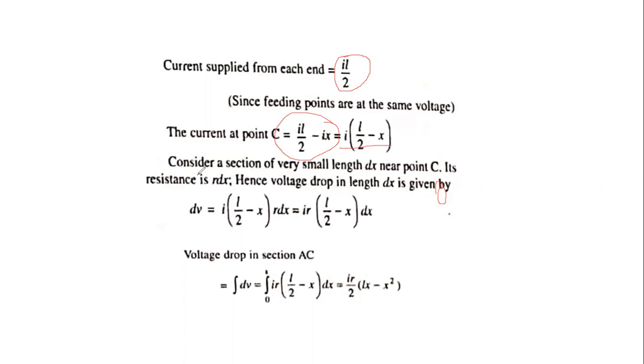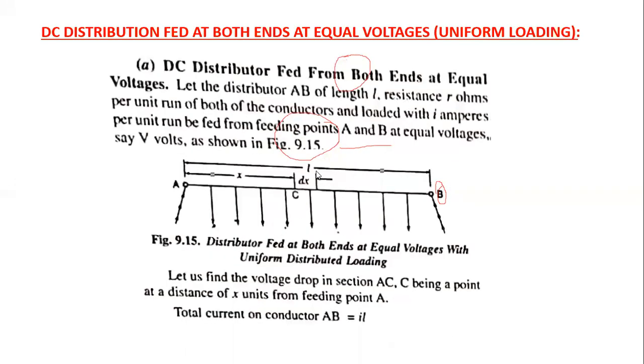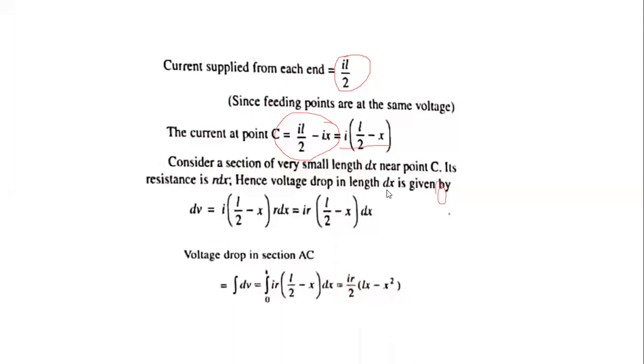Consider a section of very small length dx near the point C, as we observe in the figure. Therefore its resistance is R dx.